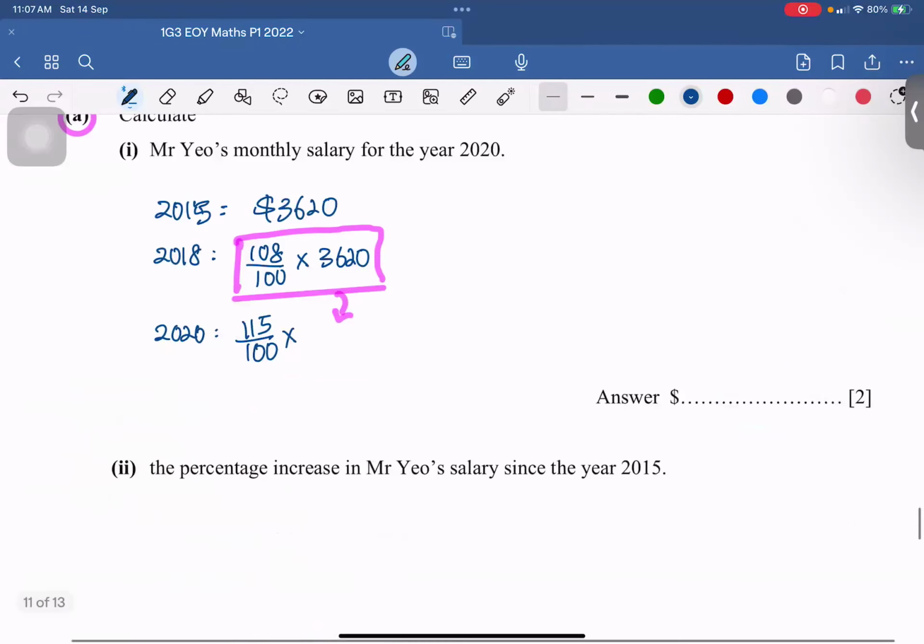Let me just calculate what this answer is. Times 3620, I got a number of 4496.04. Happens to be a nice number, 2 decimal places.